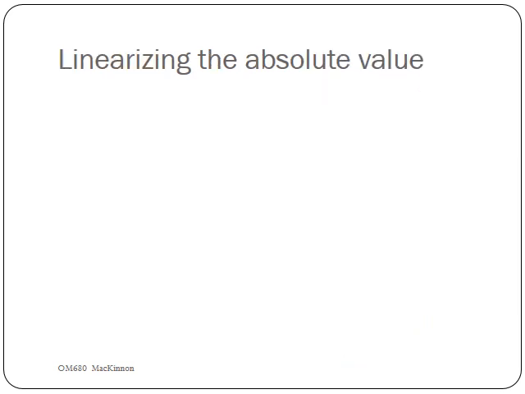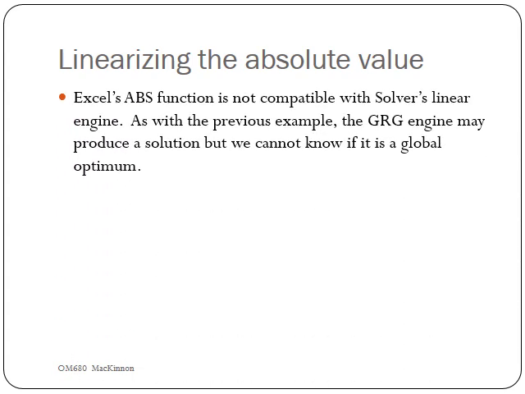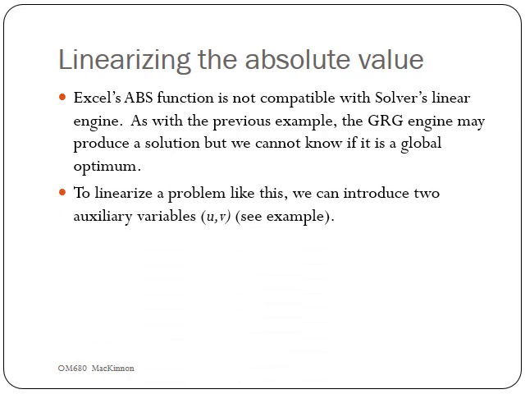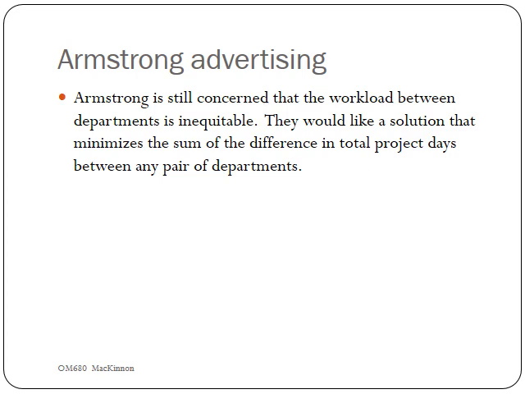So let's talk about another type of linearization, and that is linearizing the absolute value. Like max, the ABS function, our absolute value function, is not compatible with the linear engine. We can use the GRG engine with it, but we don't know if it's a global optimum. So what we do is we introduce two auxiliary variables, U and V. We're going to look at the example of Armstrong Advertising.